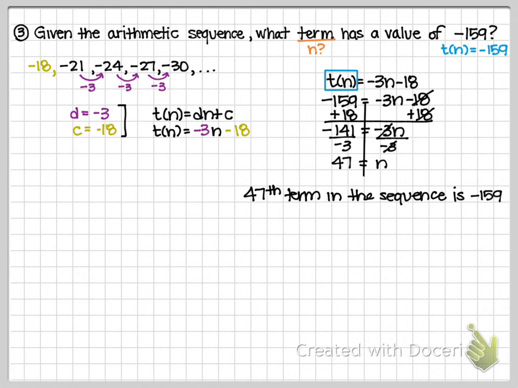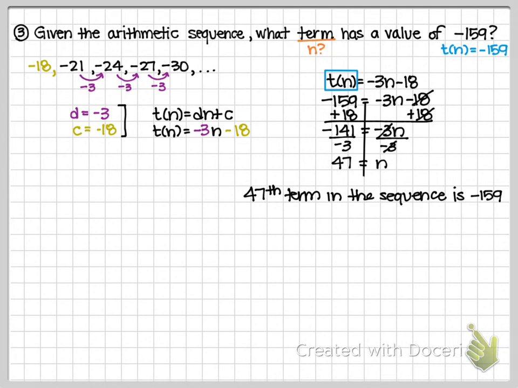So again, if we started out with our sequence, we know that we would just keep subtracting 3, subtracting 3, subtracting 3. So the location that we would be at after subtracting 3 and landing at negative 159 would be 47.